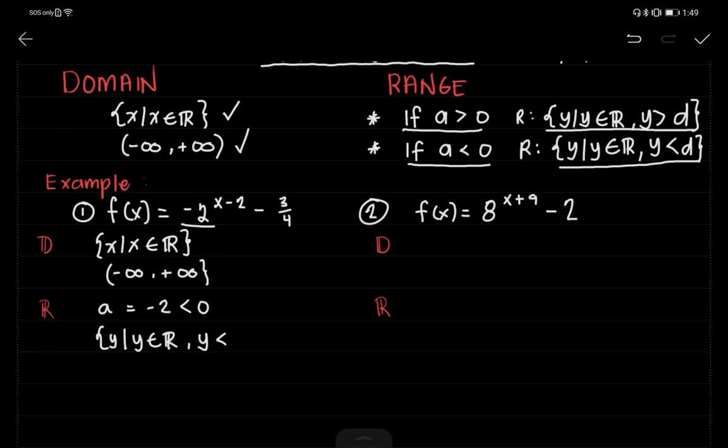Okay, so ano po ba yung d natin or the horizontal asymptote, which is yung negative 3/4. Okay, negative 3/4. So this is now our range.